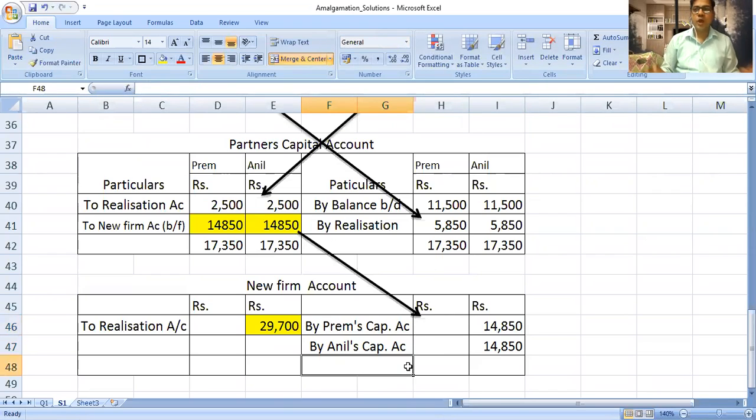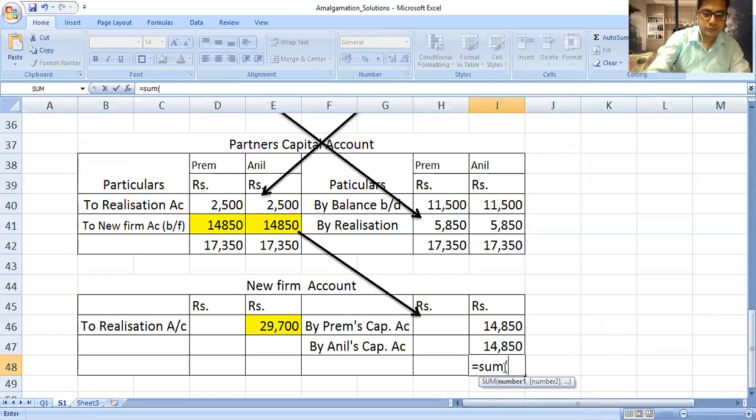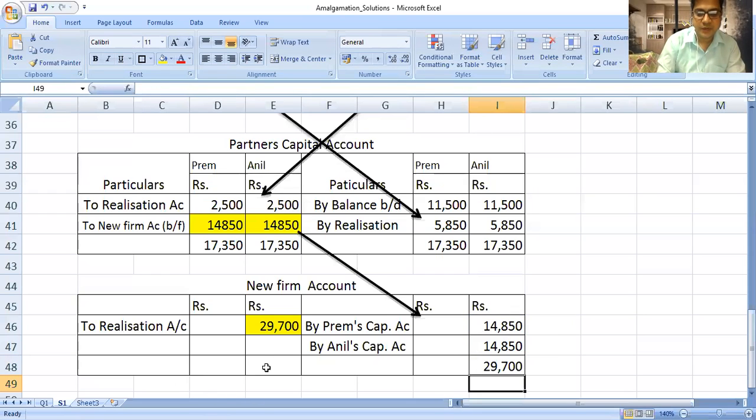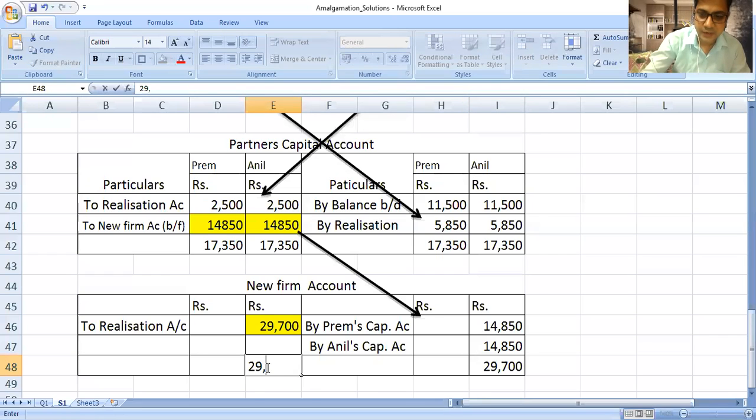Then after that you have to close new firm account. Sum 29,700. Here also 29,700. It means the new firm account tallies, both sides have the same amount.